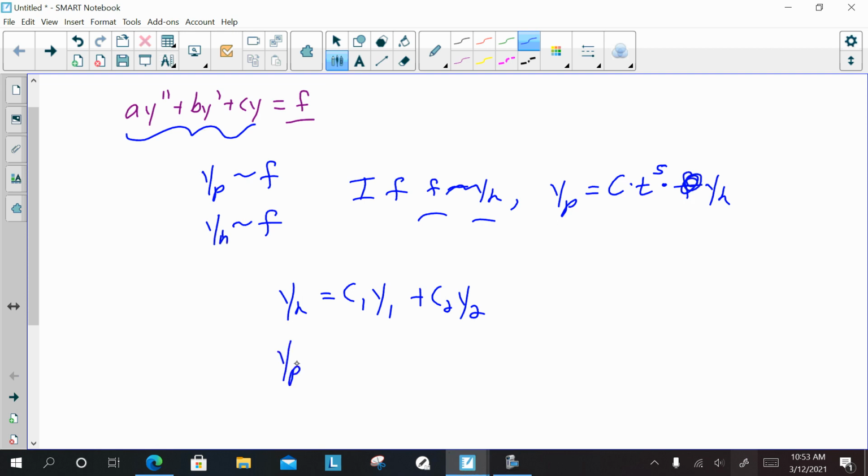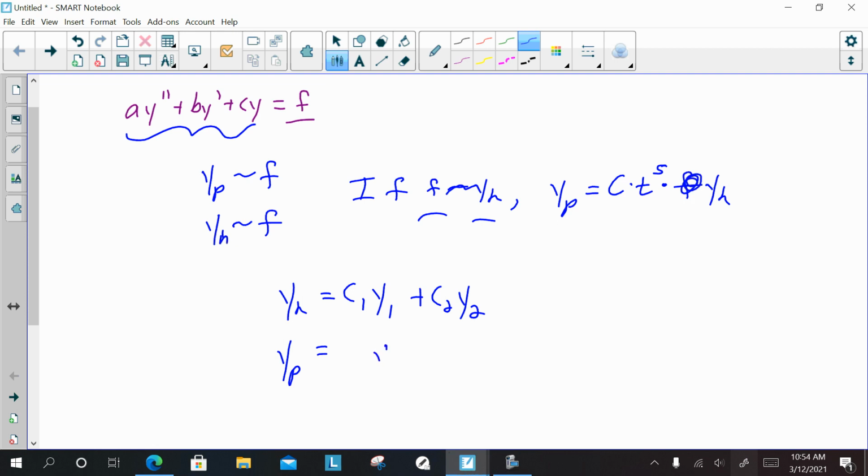But if we have other functions on the right side, and we're going to maintain this relationship between that function being related to the homogeneous, then there may be some function that we can multiply our solutions by that will produce solutions to our particular solution.